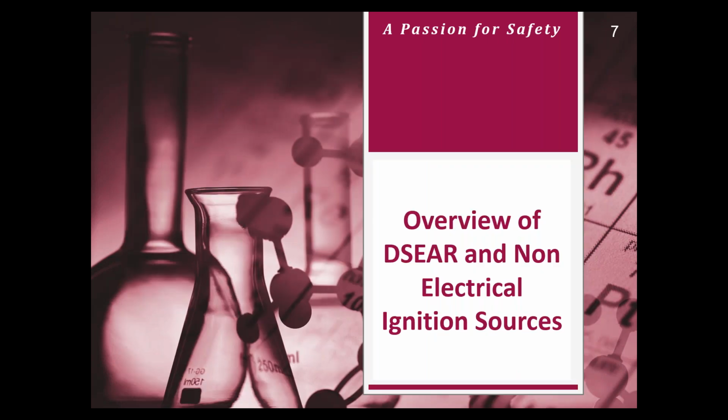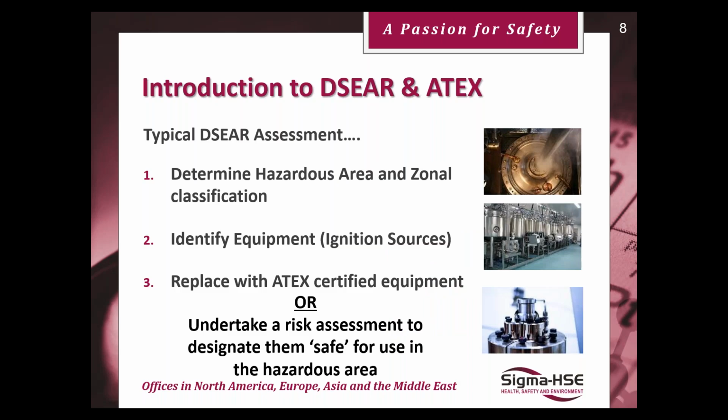So first of all, I'd like to talk about the first steps of undertaking a risk assessment. This is basically a very basic overview of the DESIR ATEX assessment, and then finding out more about the ignition sources, what they are. In a typical ATEX or DESIR assessment, there are typically three steps. The first step is to find out where your flammable atmospheres are.